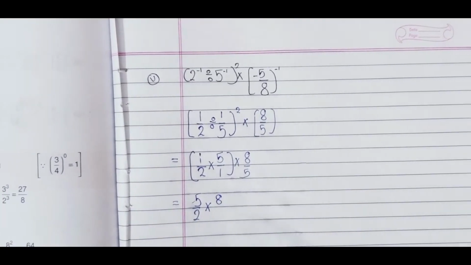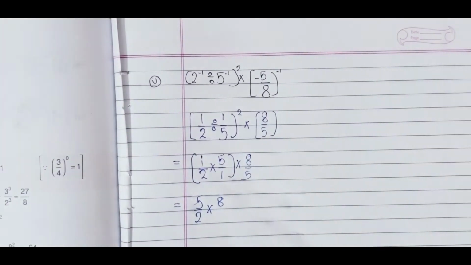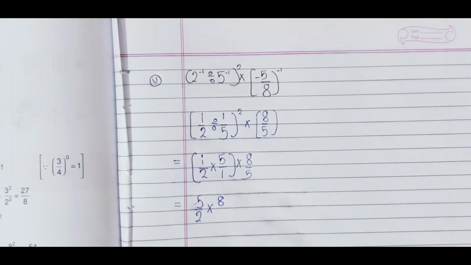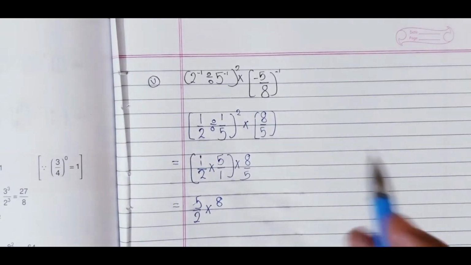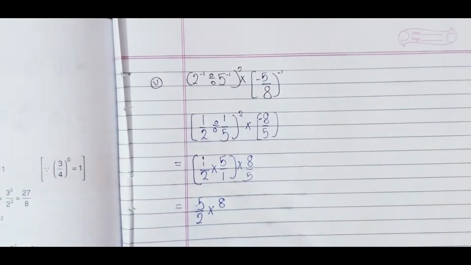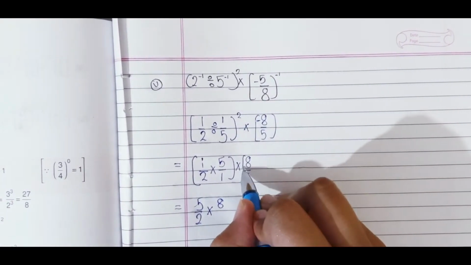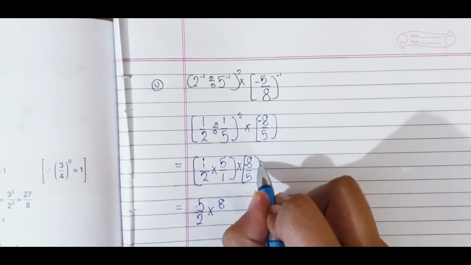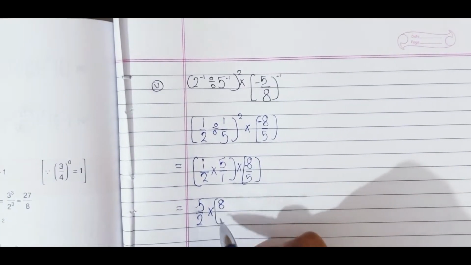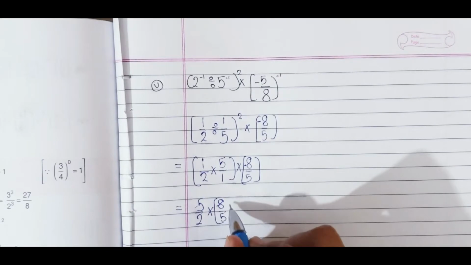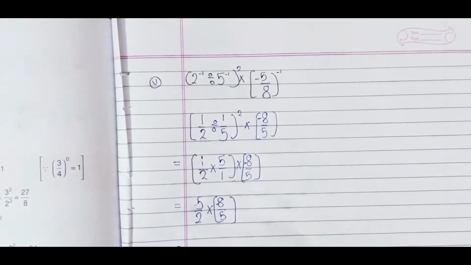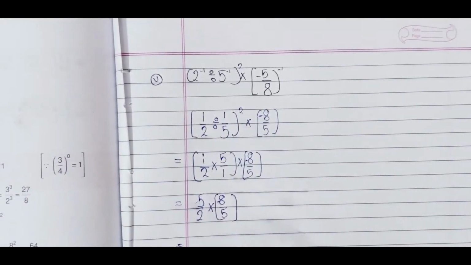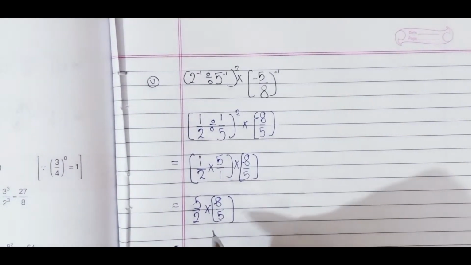So guys, here I had done a mistake: here it is minus 5 by 8. So minus 5 by 8 reciprocal will not be 8 by 5, it will be minus 8 by 5. So here also minus 8 by 5, and here in the final also minus 8 by 5. Sorry guys for this. So now we will do the multiplication, as here it can be cancelled.